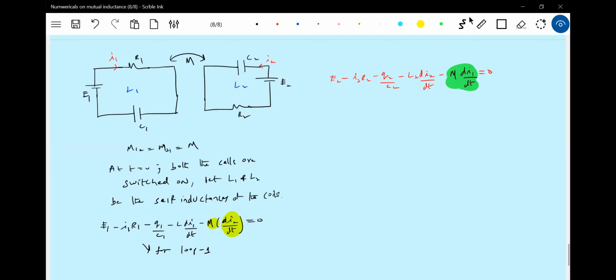Getting some very general idea. Again, sir, this M depends on what? M depends upon how close they are, and the sign also depends upon how the current here will link this.